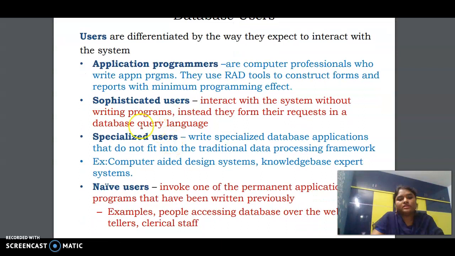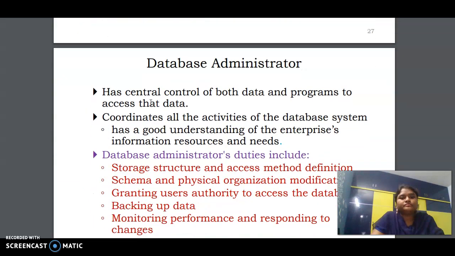But coming to the sophisticated user, they need to write some query or program. For example, in railway reservation or banking, we don't sit there and find out the query. Once we give the information to them, then they will retrieve the information.